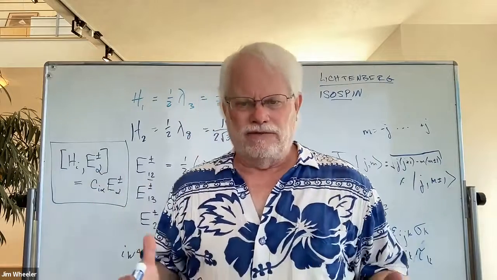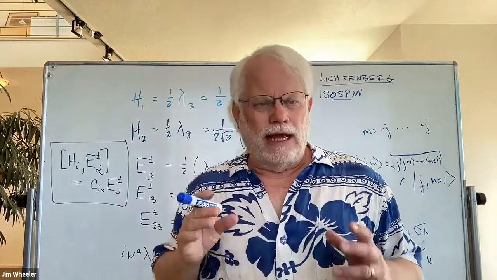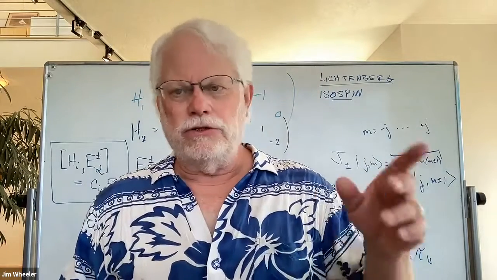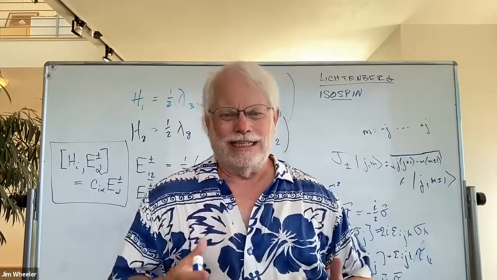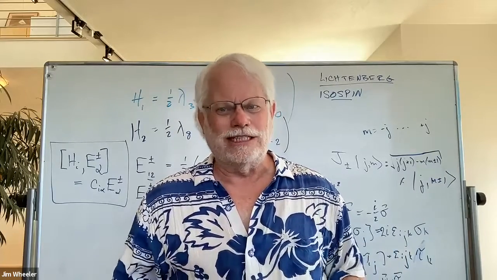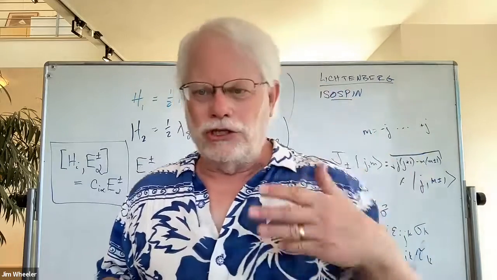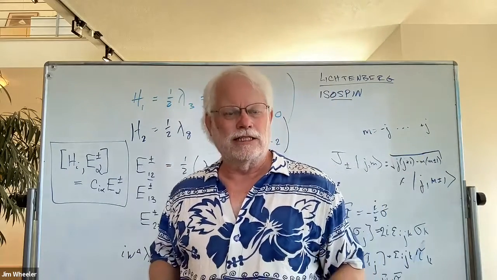We know how to solve eigenvalue equations. I have you do it for SU2, and you're just going to find sigma 1 plus or minus i sigma 2 as the solution. It's the only solution. And I want you to show that, so you'll get a little practice with this.